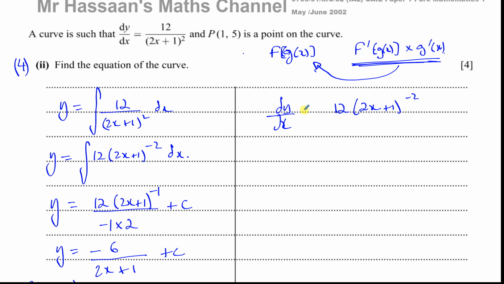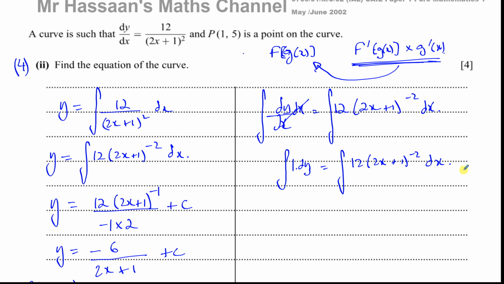If I integrate this side with respect to x, and I integrate this side also with respect to x, you end up with the integral of 1 dy equals the integral of 12 times 2x plus 1 to the power of minus 2 dx.